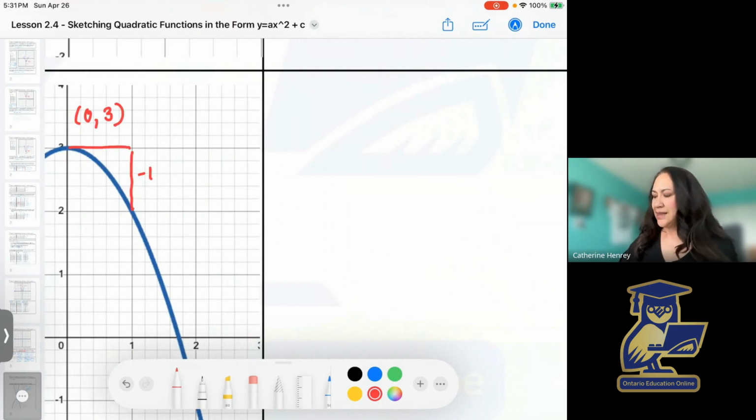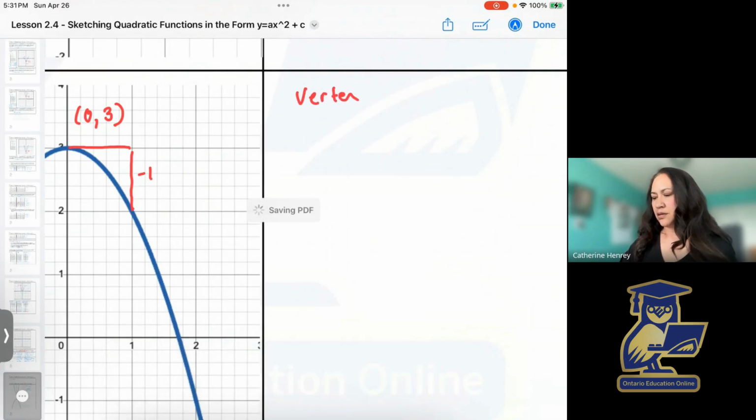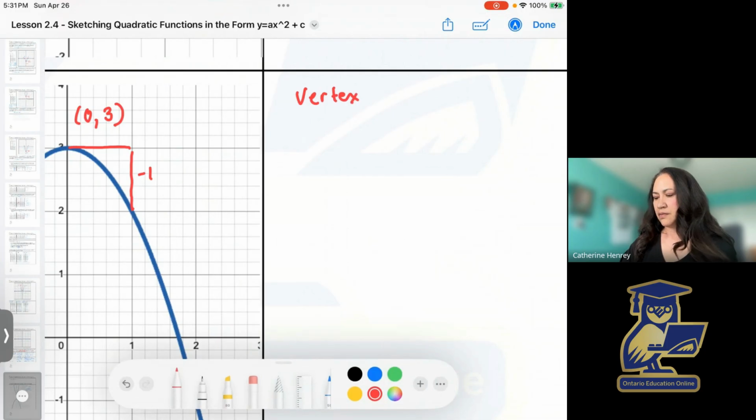If the vertex is at 0, 3, then the C value equals 3.